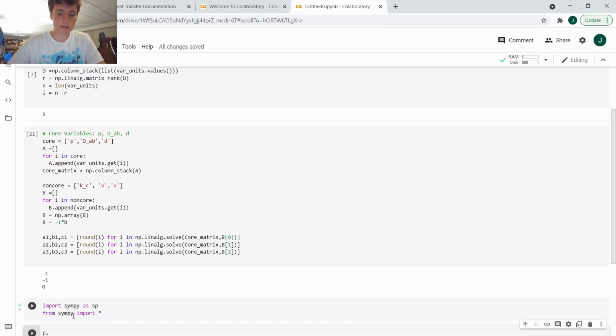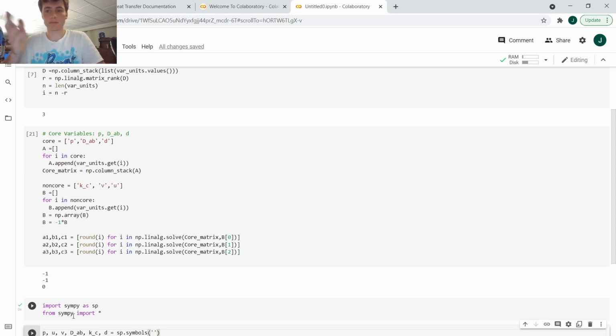So density, viscosity, velocity, diffusivity, mass transfer coefficient, d. We can just use symbols, lowercase, and then we do a string, and the separator is just white space.